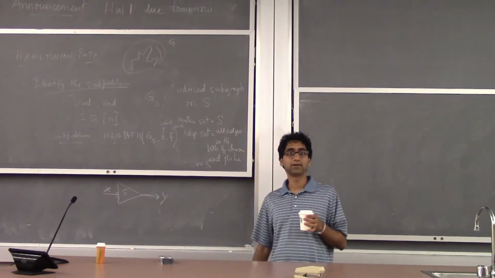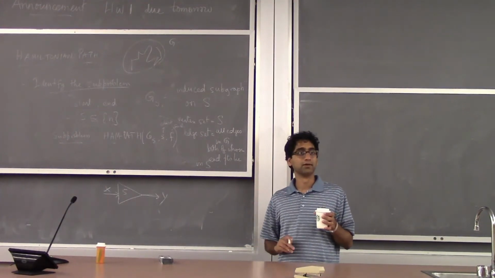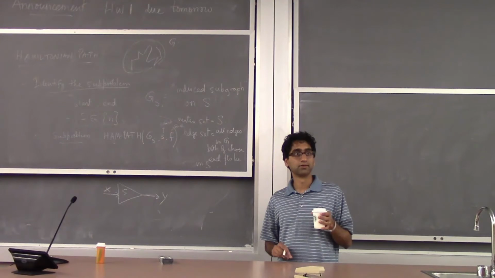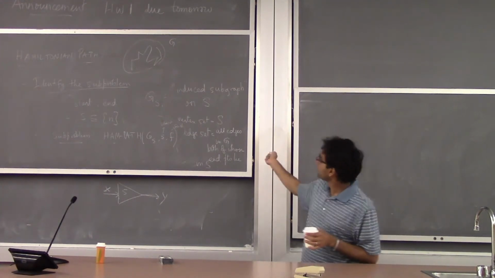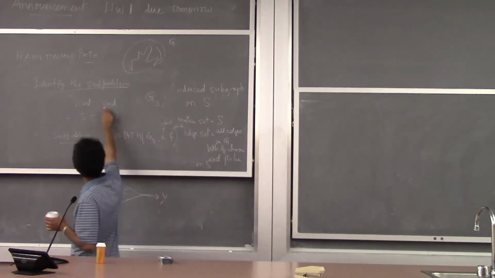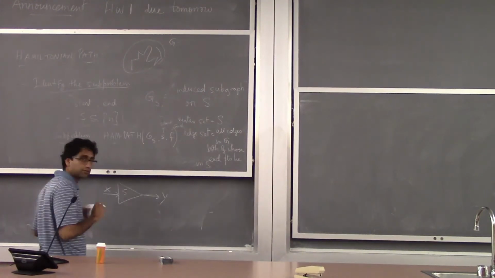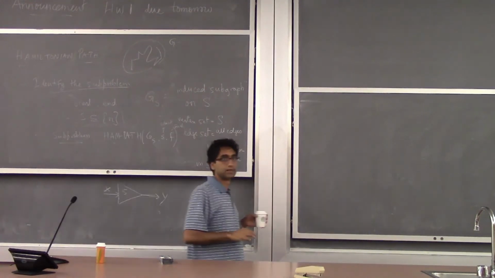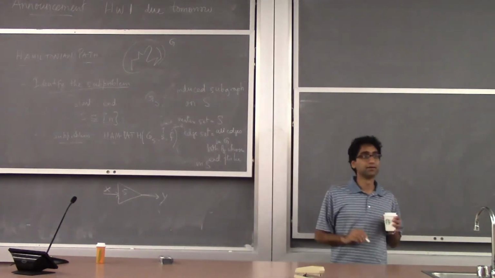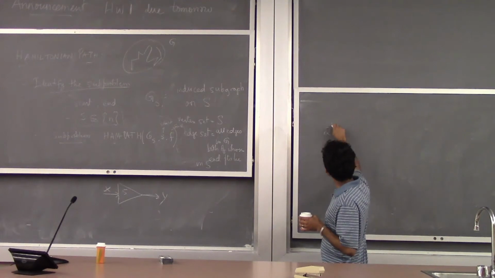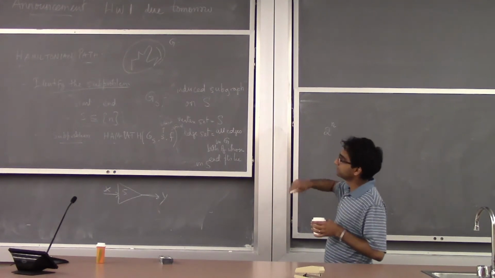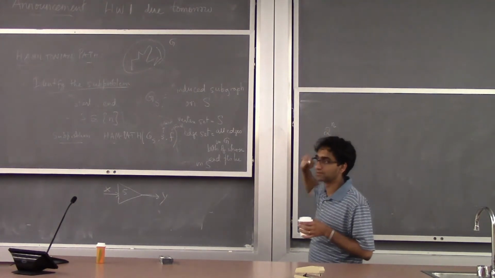Somebody said 2 to the 2 to the n. We'd have to look at the power set for that. But how many subsets are there of n? There's only 2 to the n. 2 to the n plus 1, okay, so that's still O of 2 to the n, so that's fine.